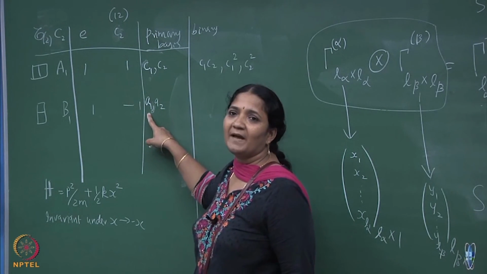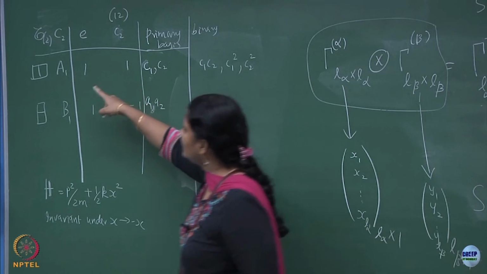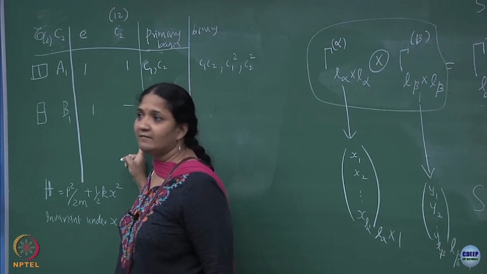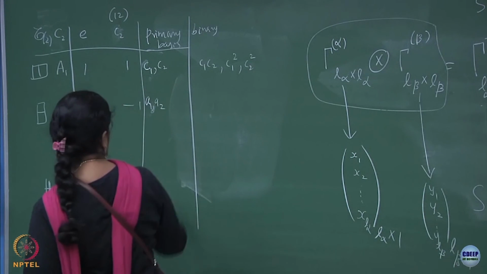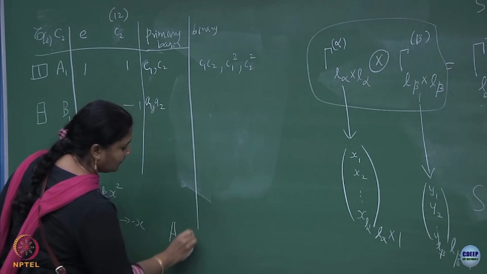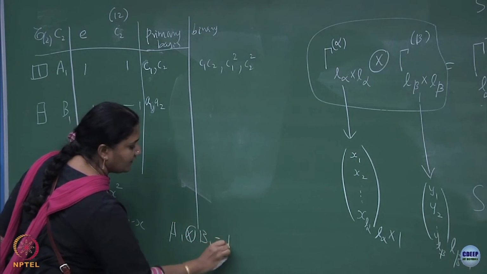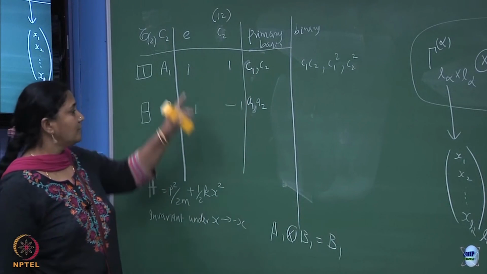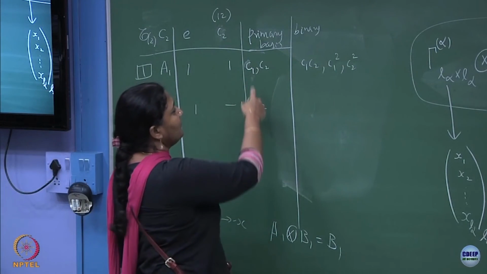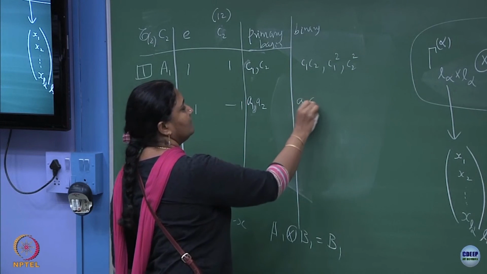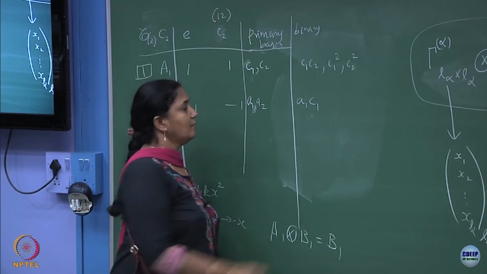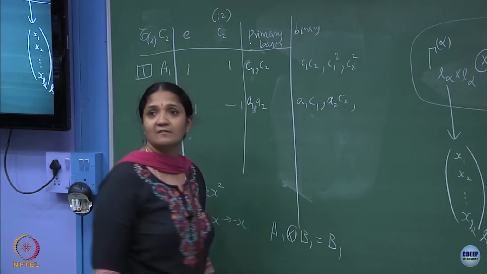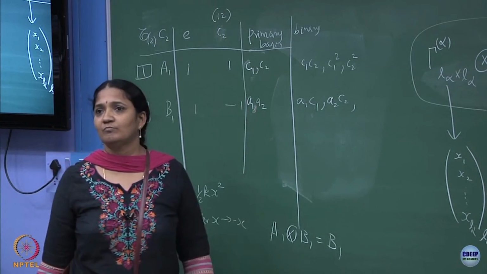Similarly, if you come here, what will be the binary basis possible? We have already seen that A1 with B1 will give you B1, right? Did we see that? A1 with B1 is B1, right? So, can you tell me what will be the basis? You will have A1 C1, A2 C2, all possibilities, but you cannot have A1 A2, you agree?